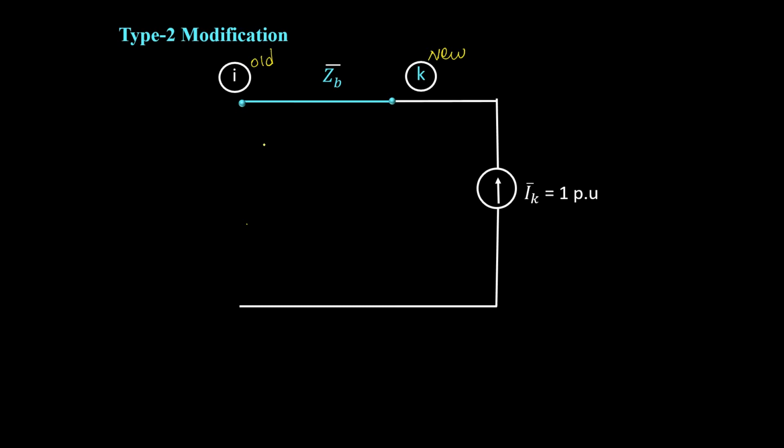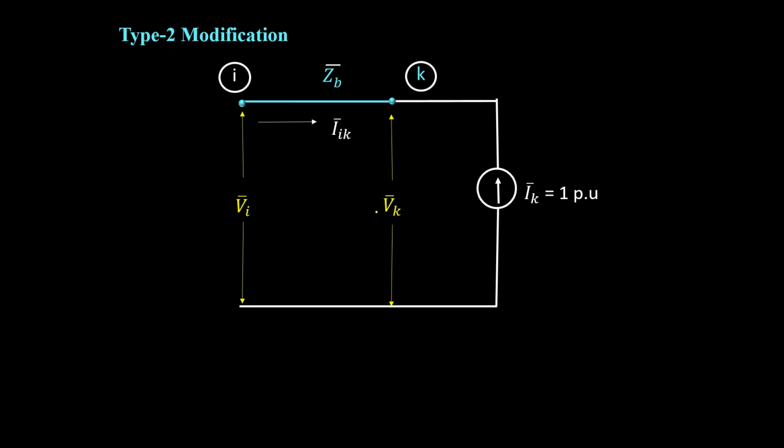There is already a voltage between the reference node and the ith bus, which is Vi, and the voltage with respect to the kth node is V suffix k, and the current flowing in the branch is Iik. You can see the current is coming in this direction, but the injected current direction is like this. So both are in opposite directions.